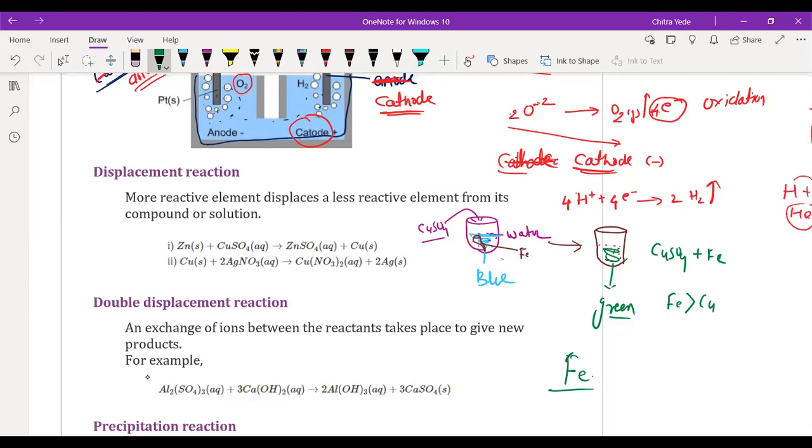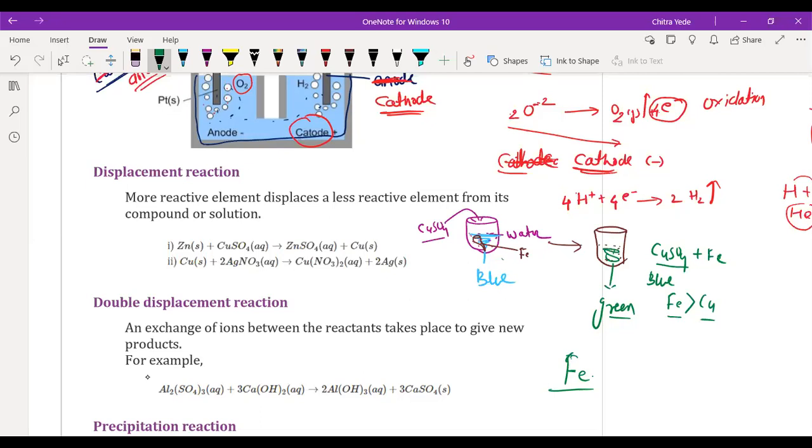Here the aqueous solution of copper sulfate appears blue. When we add iron to it, we know iron is more reactive than copper. So what will happen here?